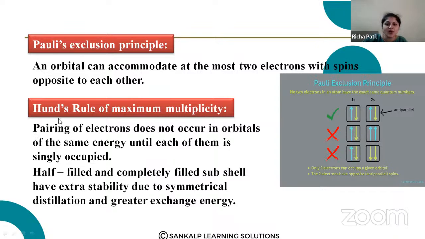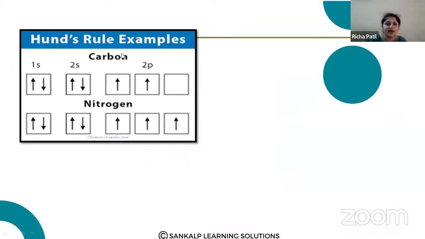Next is Hund's rule of maximum multiplicity. Pairing of electrons does not occur in orbitals of the same energy until each of them is singly occupied. You can see the example here. I have taken carbon: 1s2, 2s2, 2p2. First, the first orbital is 1s, so first we add the electrons. 2 electrons occupy it, then it goes to 2s.